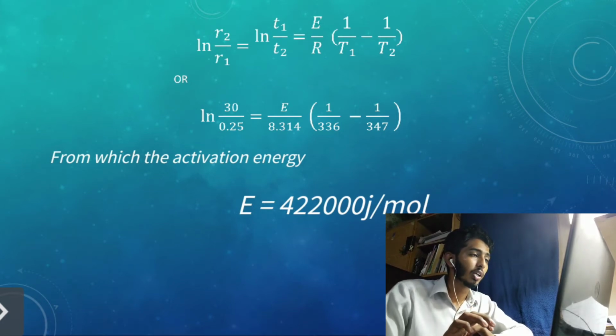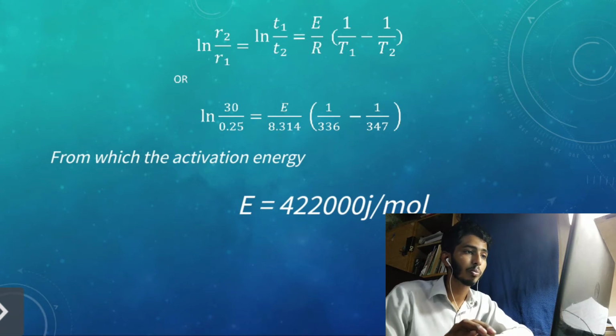Here t1 is 30 minutes and t2 is 15 seconds, but we will convert 15 seconds into minutes, which is 0.25 minutes. This is equal to E upon 8.314, the value of R, into the bracket 1 upon 336 minus 1 upon 347. Now we will finalize and we will get a simple equation.